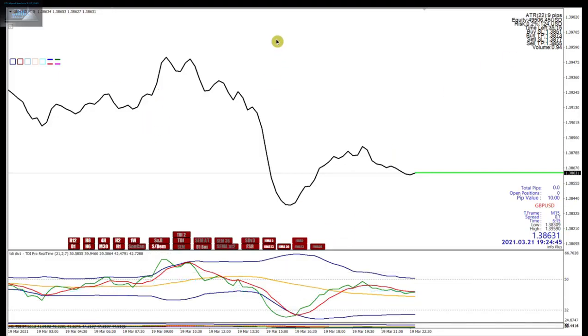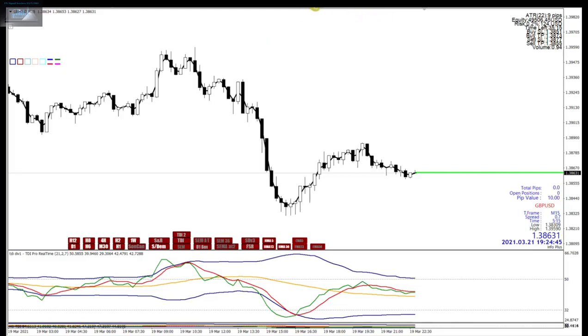So with my candles, I don't use these candles. I use what they call sonic candles. Sonic candles are quite cool because if you look at the blue candles, the darker the candle, the more momentum and volume there is in those particular candles at that time.